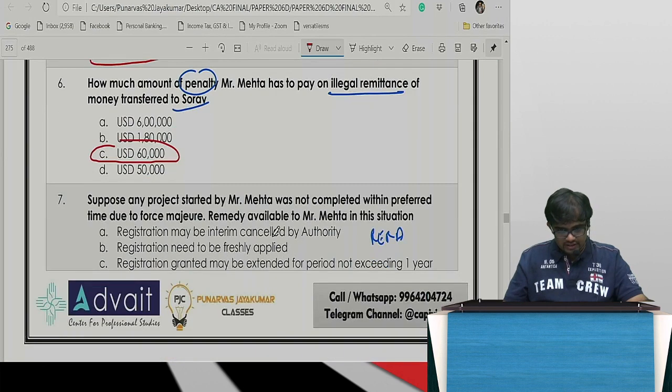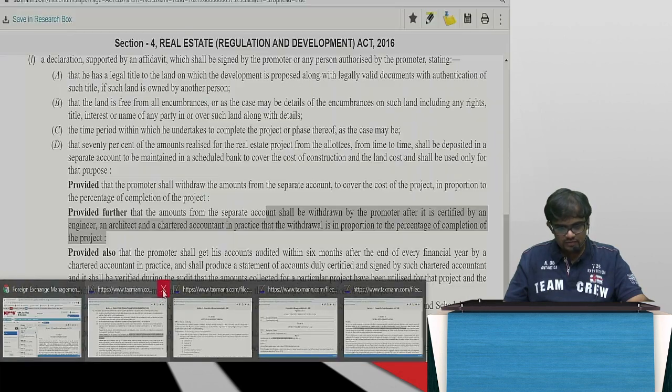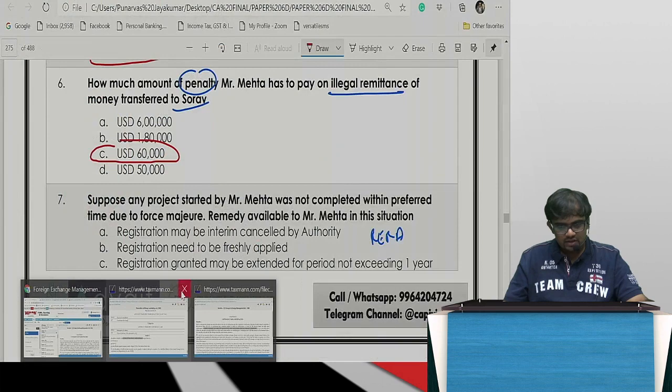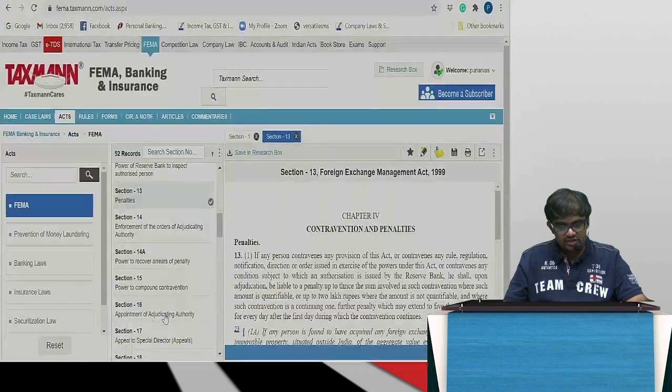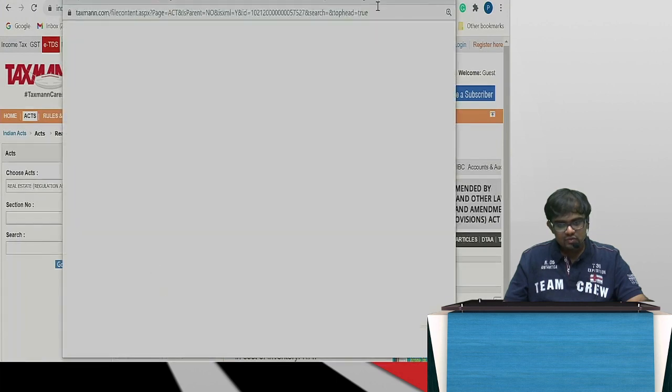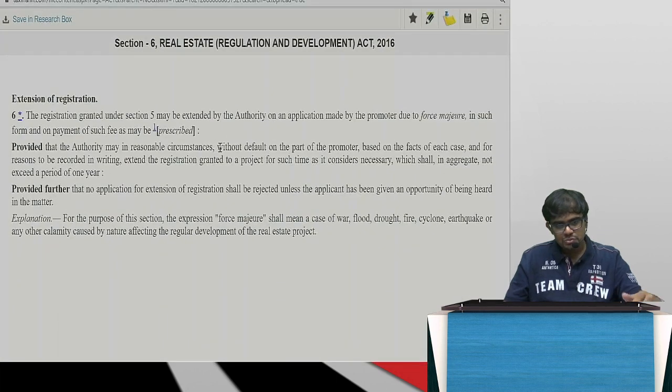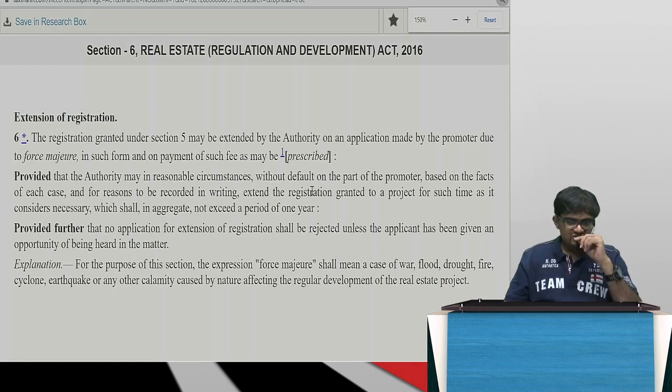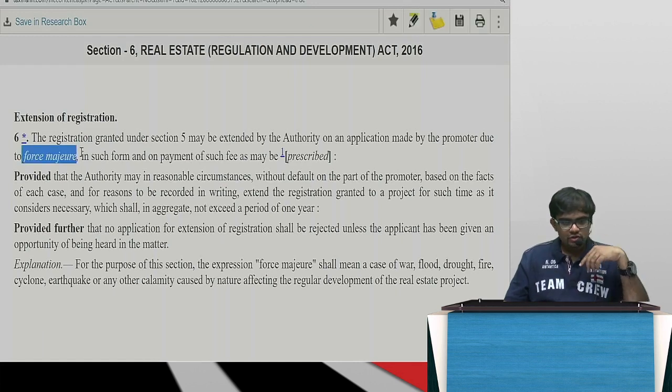Suppose any project was started which was not completed due to force majeure. We discussed already, force majeure comes in RERA. Extension of registration, buddies, is in section number 6. Under what circumstances can you extend? Due to force majeure. Force majeure means what?